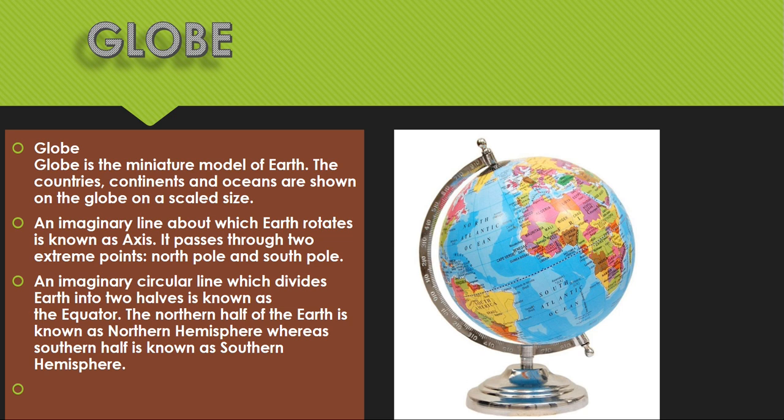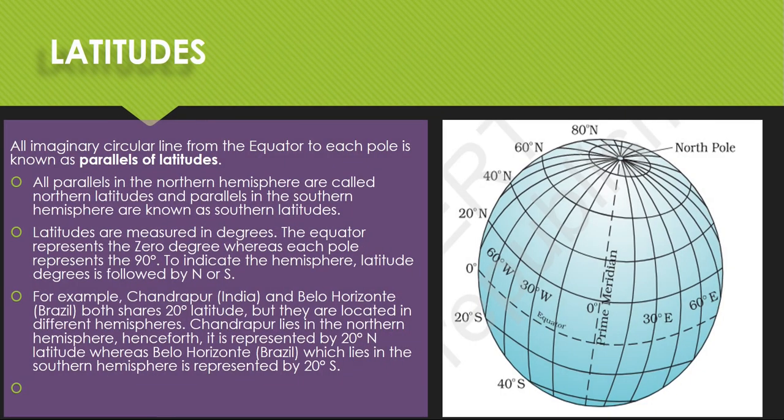It moves around its axis, which is an imaginary line. Our Earth is not held by an axis like a needle. Now, another imaginary line I told you is the equator, right? We discussed the equator. Shall we go to the next one?